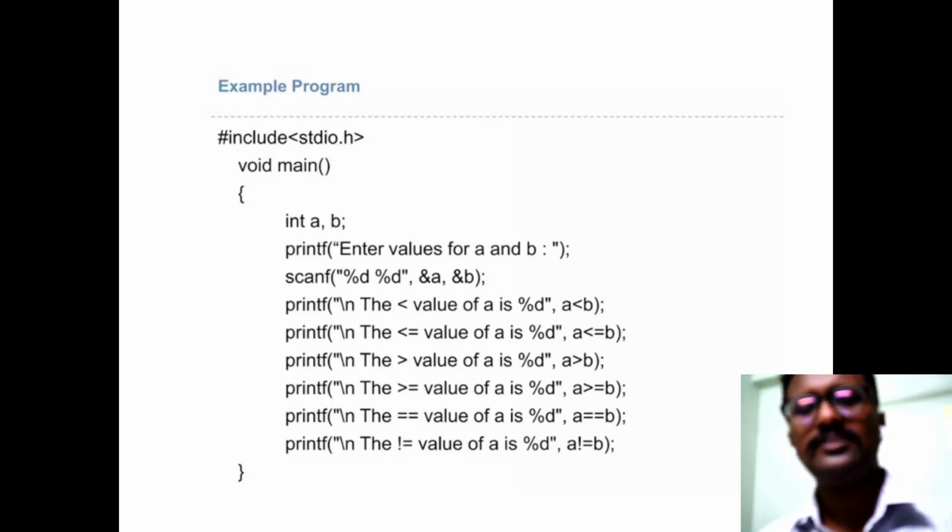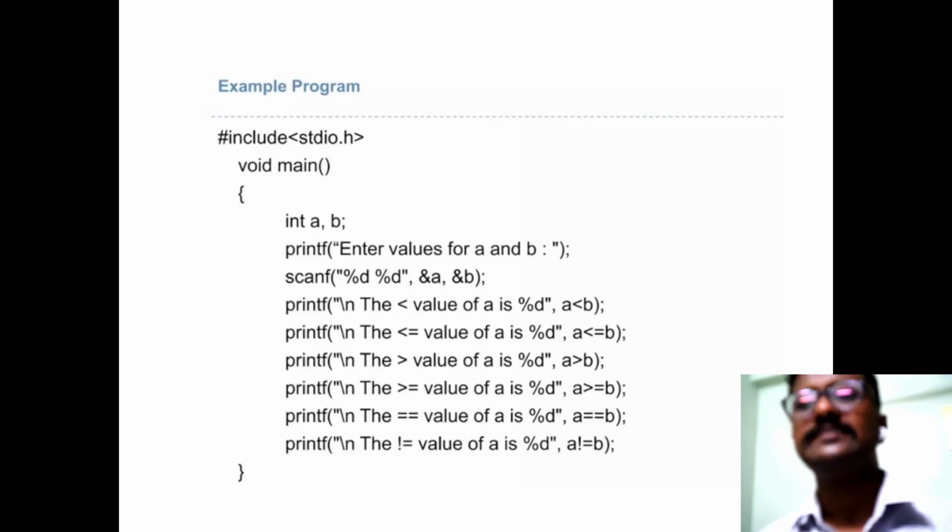And where is the user input? We are going to see the user input as printf, enter the value for a and b. This prompts the user to input two integers.